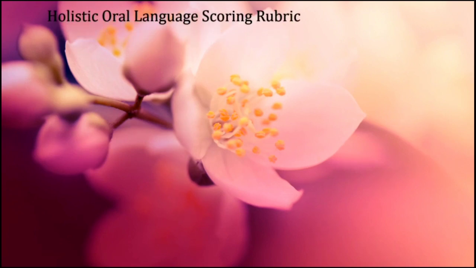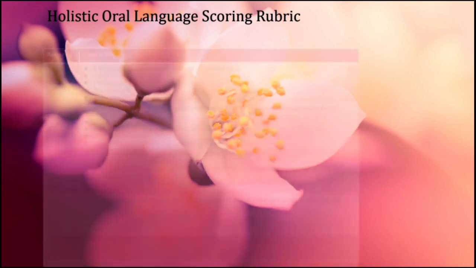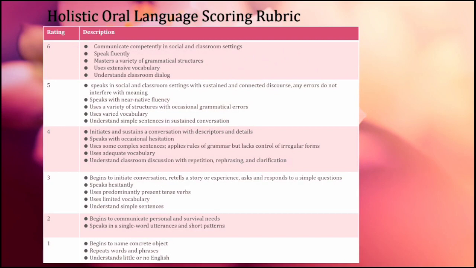Here is the holistic oral language scoring rubric. There are 6 levels in this rubric, from the lowest to the highest.